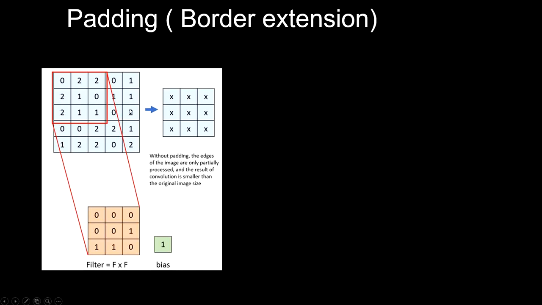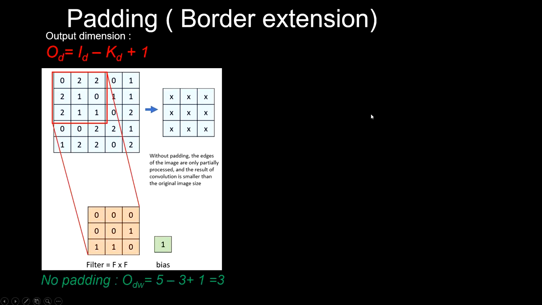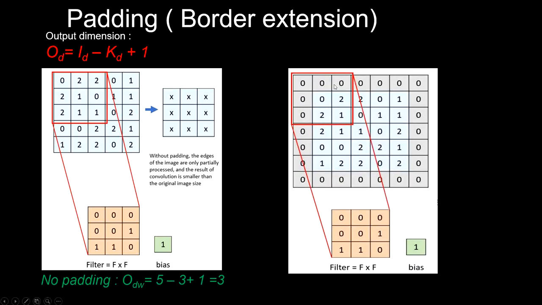So without padding, if you apply this type of kernel, you will eventually reduce the output dimension of the image. Padding means that you add a border extension. In this case, if we have padding of 2, this is the original image, and we add padding here with a factor of 2, meaning 1, 2.